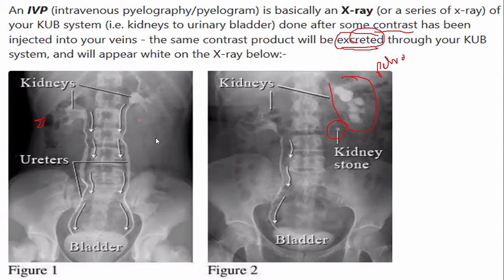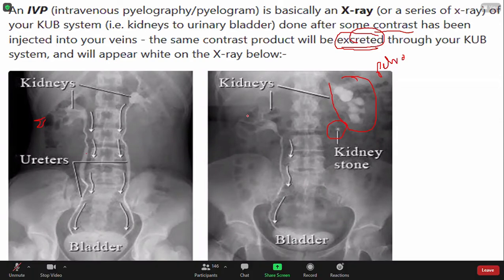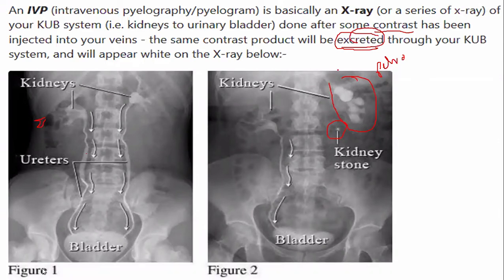Normal urine output would be around 500 at the least and 2,000 at the most, so around 1,000 to 1,500 cc per day. So there should be prompt excretion.